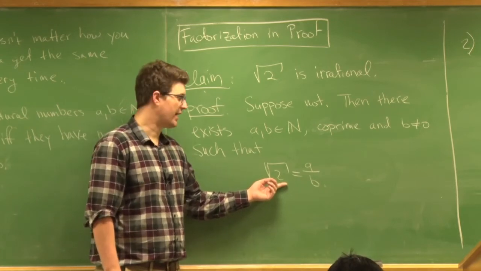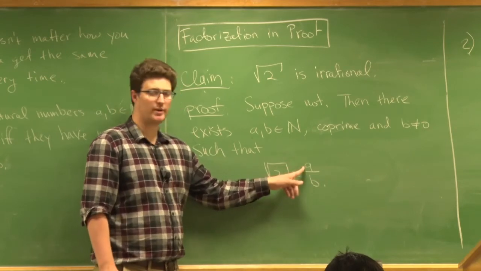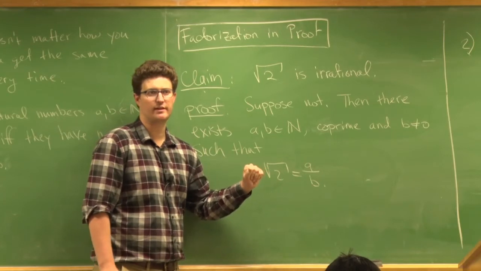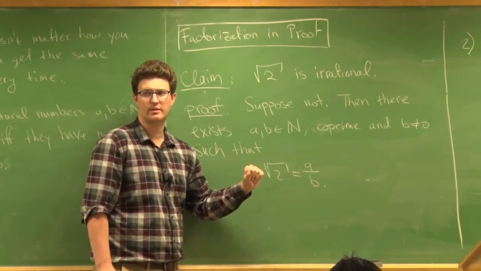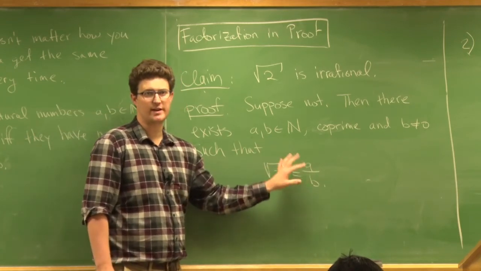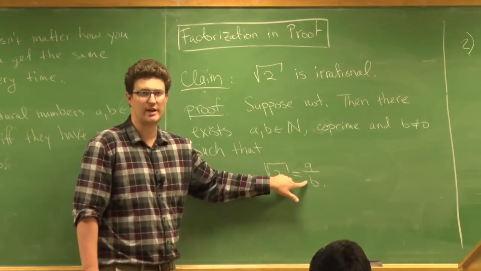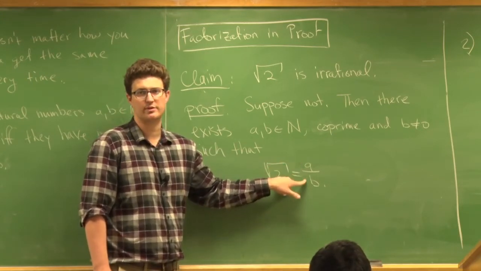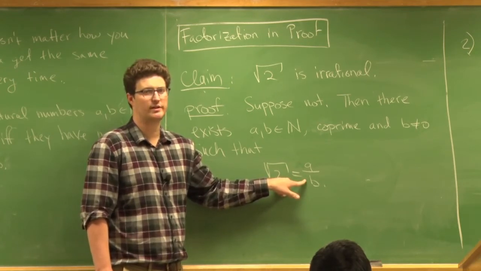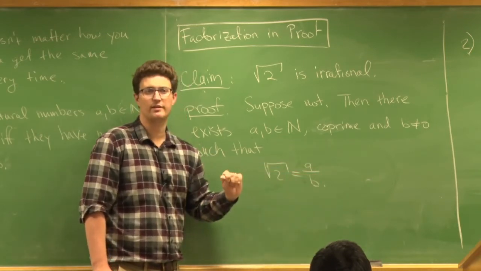I suppose that these two are coprime because if they weren't coprime, I could just cross out the extra factor that they had in common. Does that make sense? This is a statement that we say, without loss of generality, we assume that the rational number looks like this, where these two numbers are coprime. It doesn't hurt to assume this because we could cancel if not.